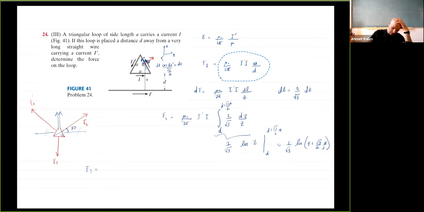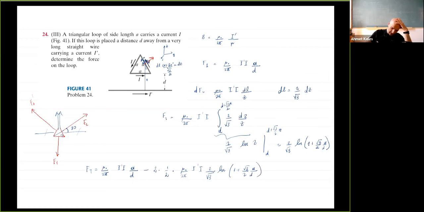Let's copy, paste, minus 2 times cosine 30 is 1/2 times mu 0 over 2 pi I prime I, and 2 over square root of 3 log 1 plus square root of 3 over 2 a over d.